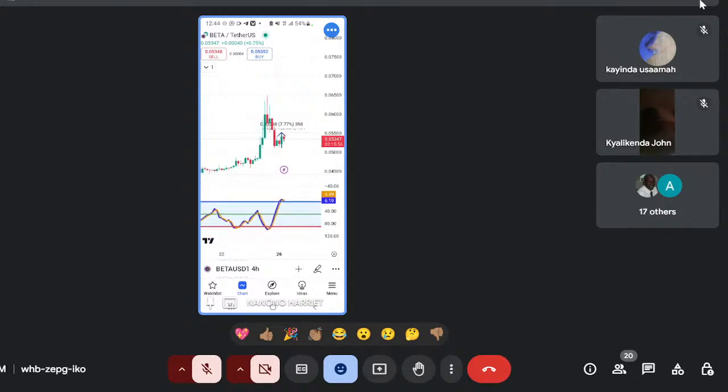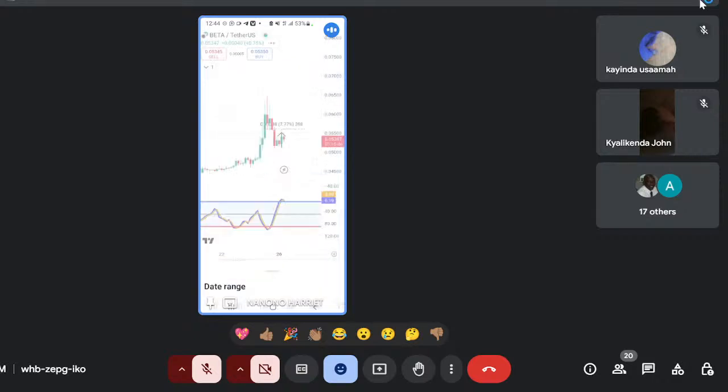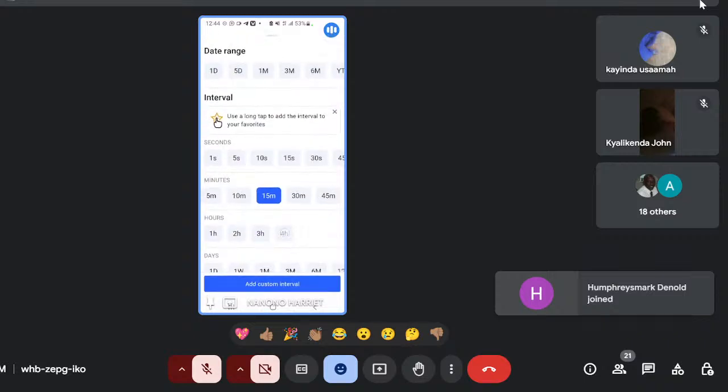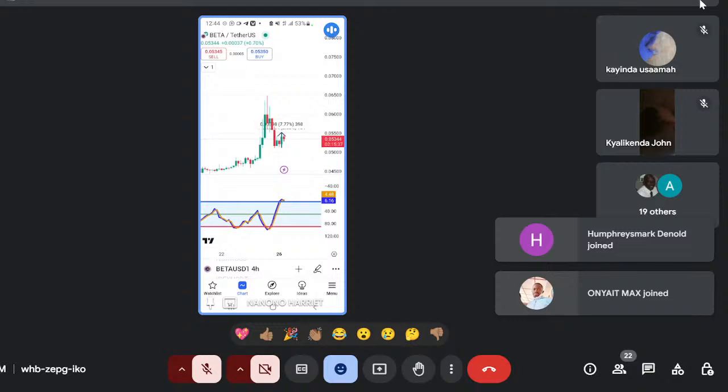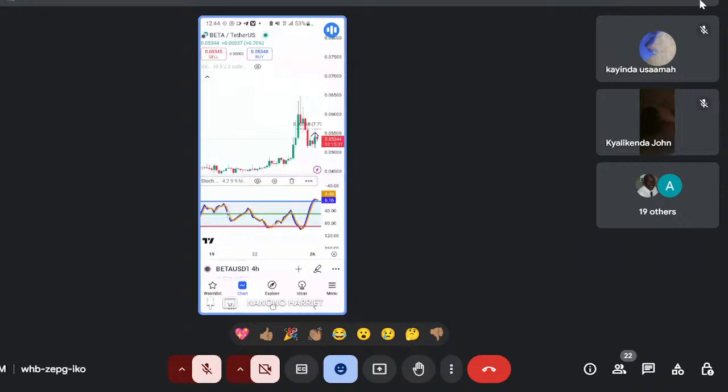Hey. Now, what has changed this? Who has made it inverted? Who has touched my thing to get inverted? It is inverted. You touched it. Am I the one who touched it?